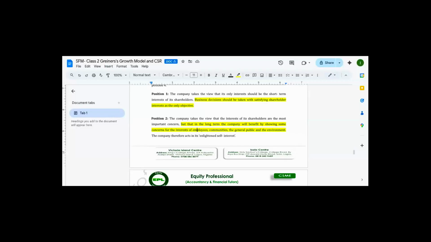So the employees have to be compensated. The community too, our host community that allows us to do business and doesn't make the business environment hostile, is even part of our customers and dealers. We have to give back to the community and the general public, and see to environmental sustainability.